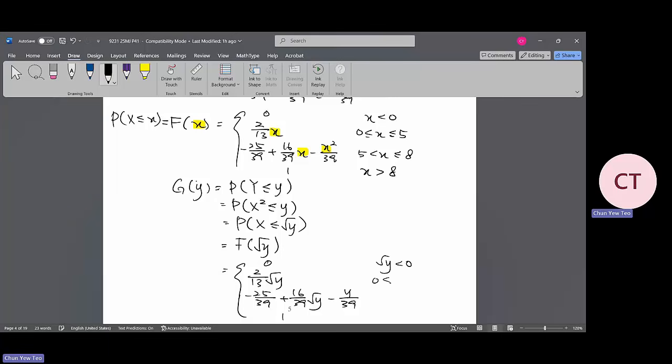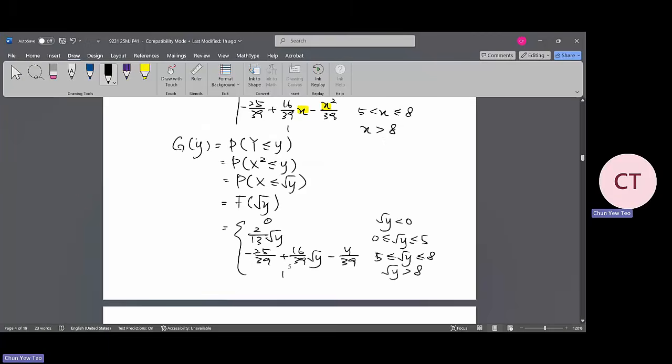This is the square root of y between 0 to 5. This is the square root of y between 5 and 8. And this is the square root of y greater than 8. Okay. So we need to settle these 4 intervals over here.